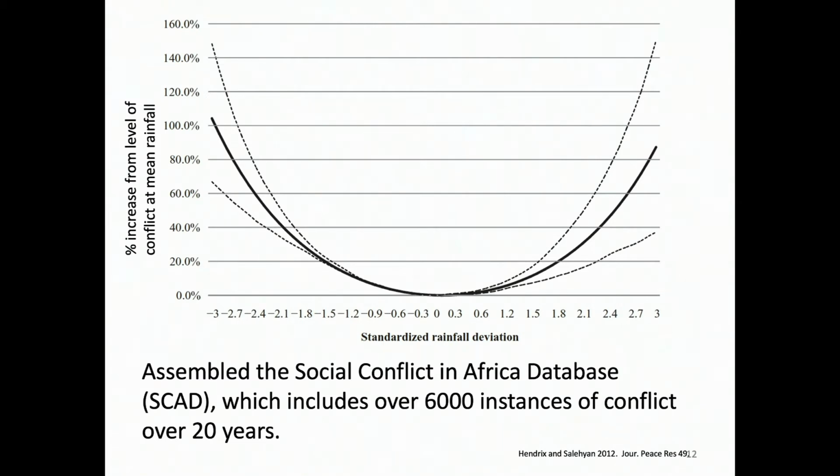And then they could ask, do these things tend to occur during unusual periods of weather? And how much higher probability do they occur when the weather is weird than when the weather is normal?